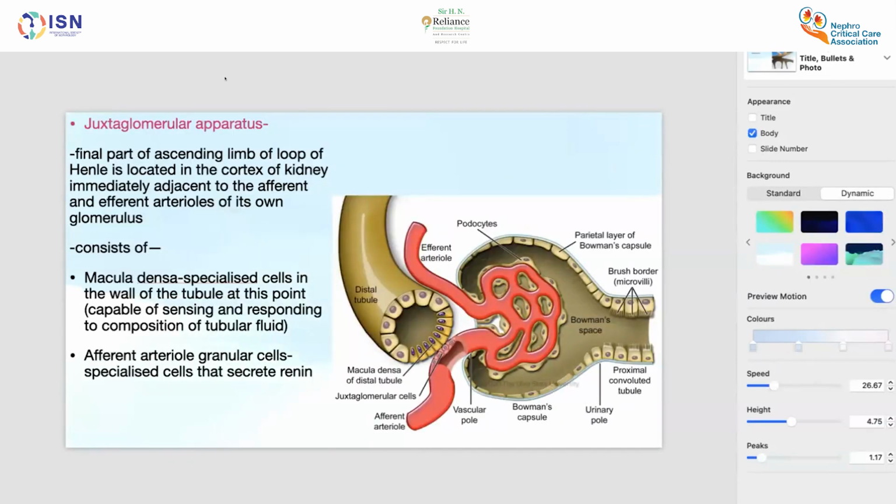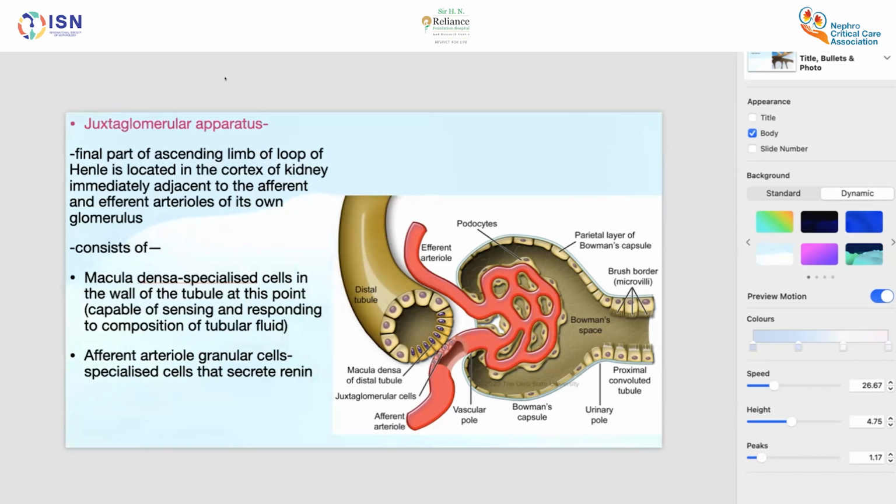Then the juxtaglomerular apparatus. This is the final part of the ascending limb of the loop of Henle, which is located in the cortex of the kidney, immediately adjacent to the afferent and efferent arterioles of its own glomerulus. It consists of the macula densa, which are specialized cells in the wall of the tubule.